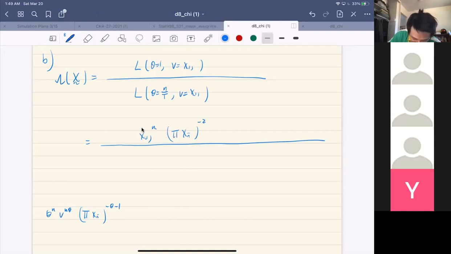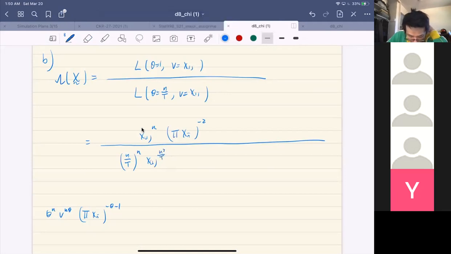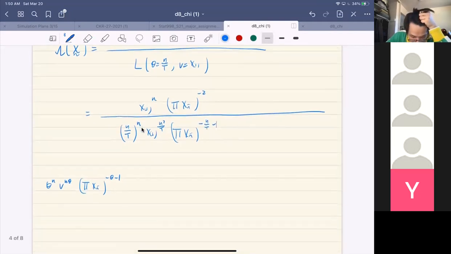And here is n divided by t, with power n, S1 to n squared divided by t. And also we have the product of Xi to the negative n divided by t minus 1.